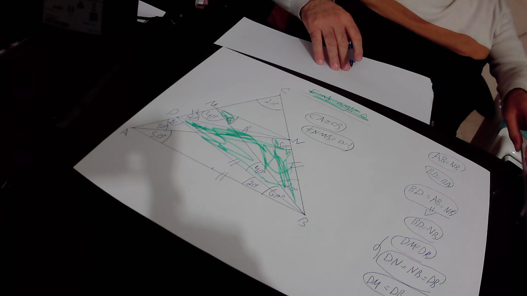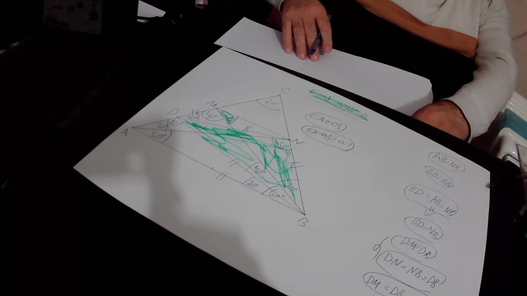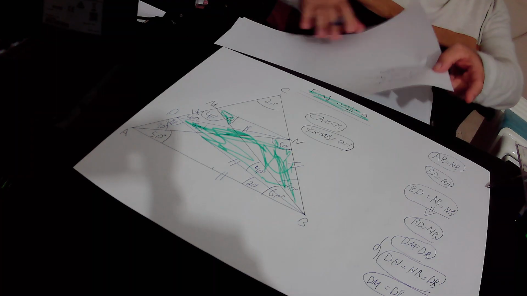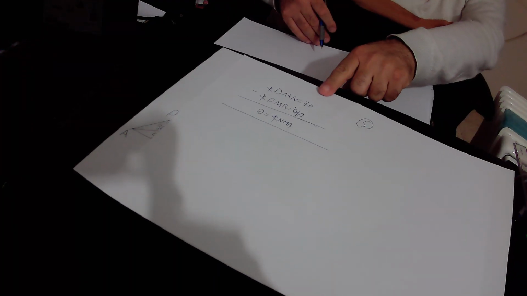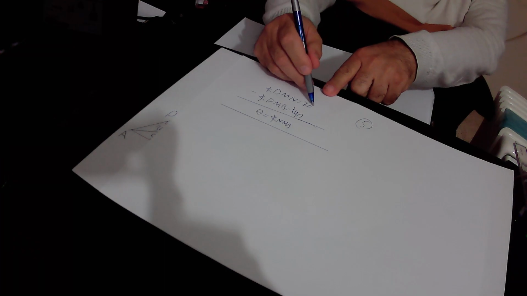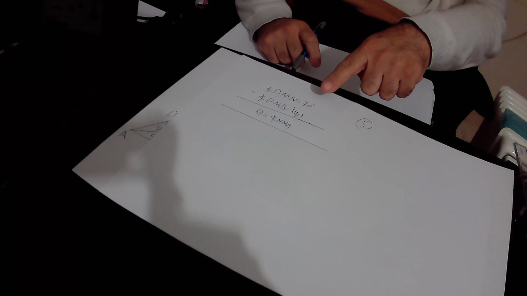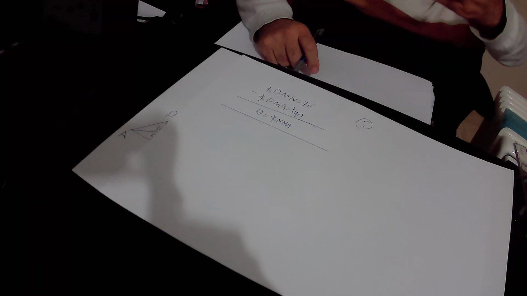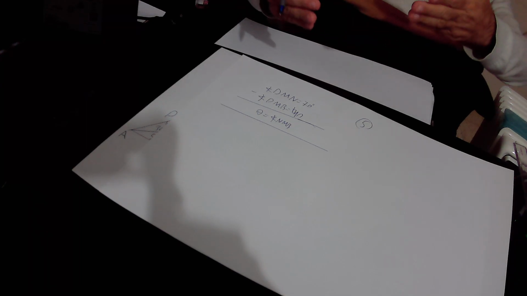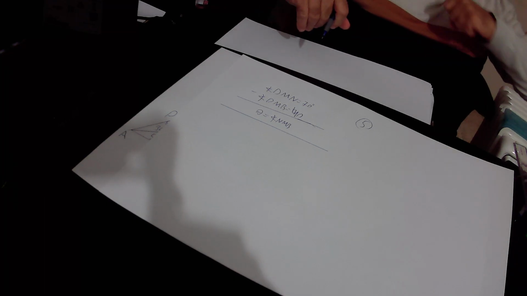So I'll repeat again. The big angle DMN that is equal to 70 degrees, minus the small angle DMB that is equal to 40 degrees, must be equal to angle theta, that is angle NMB, the angle that we are looking for.